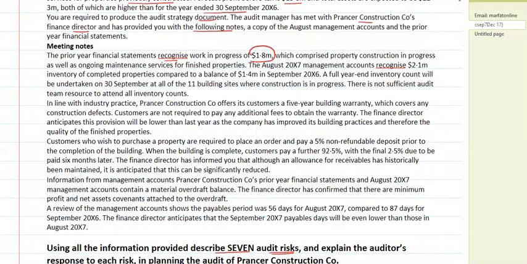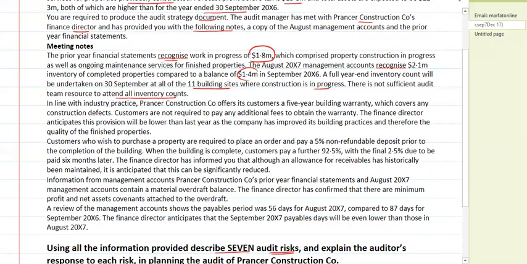The August 2007 management accounts recognized 2.1 million inventory of completed properties, compared to 1.4 million in September 2006. The full year inventory count will be undertaken at all the 11 building sites where construction is in progress. There is not sufficient audit team resource to attend all inventory counts.